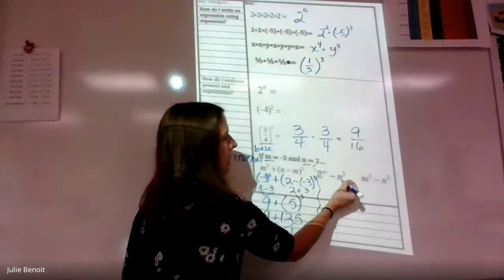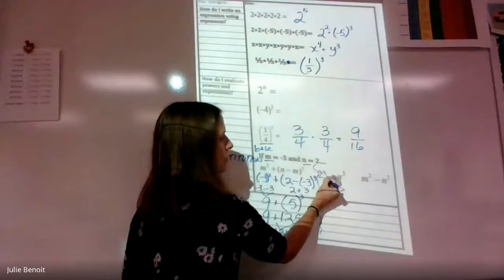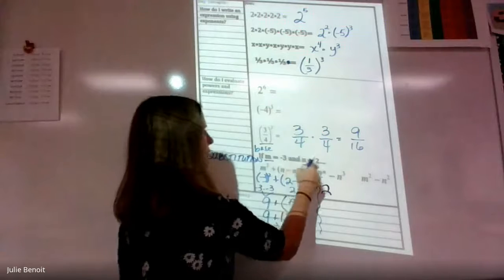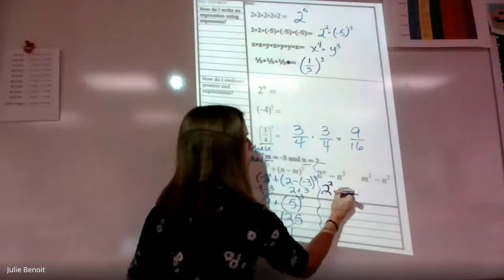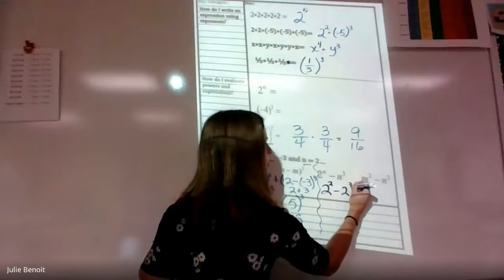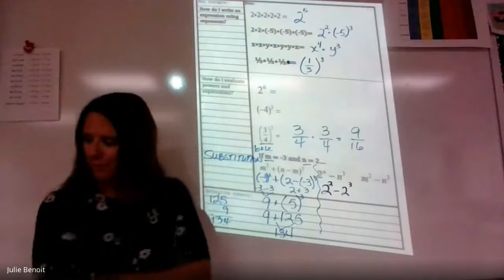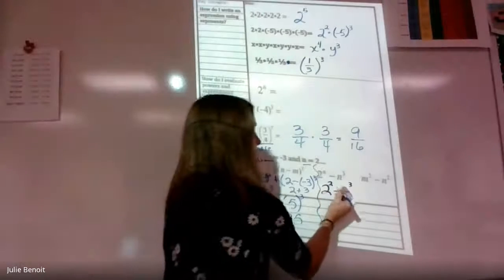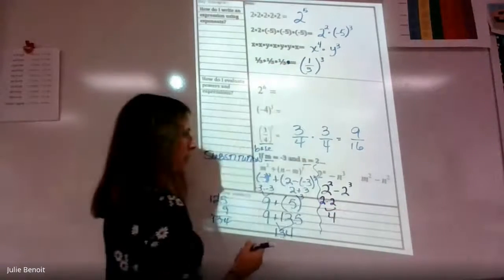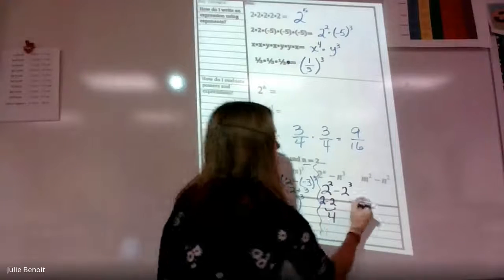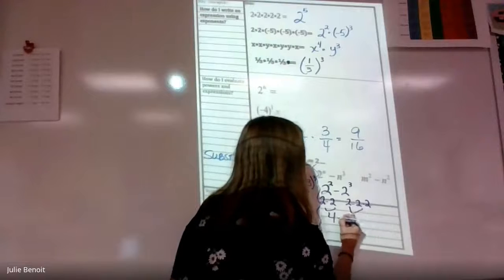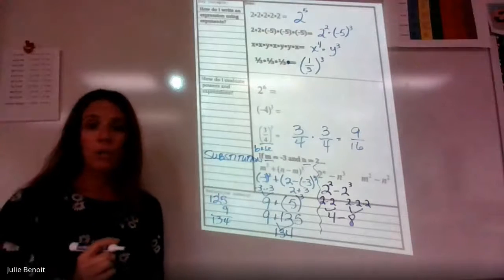Two to the nth minus n to the third. So this time we're going to substitute in for the exponent. 2 to the nth, n is 2, so 2 squared, minus n to the third, 2 to the third. 2 squared is 2 times 2, which is 4. 2 to the third is 2 times 2 times 2, which is 8. 4 minus 8.